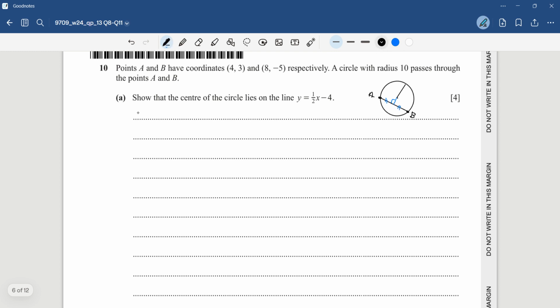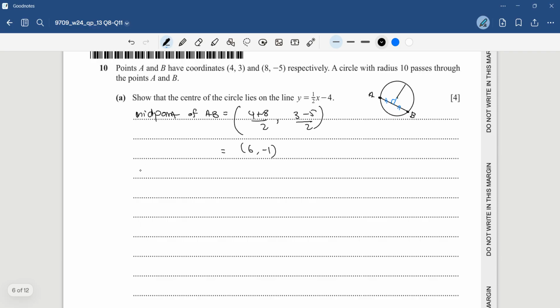So first we find the midpoint of AB. The midpoint of AB will be (4 + 8)/2, (3 − 5)/2, so will be (6, −1).